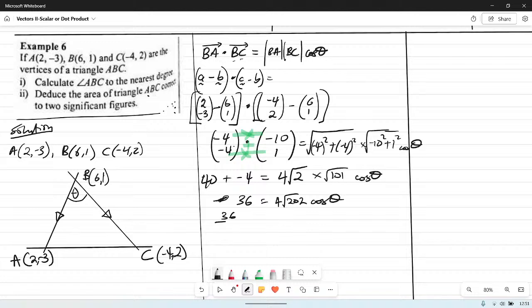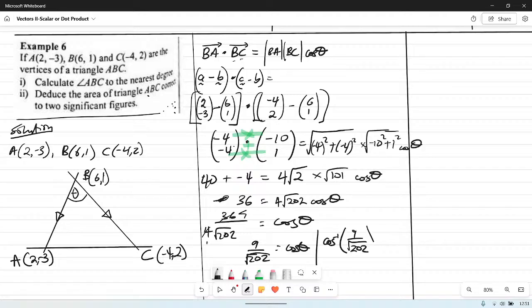So 36 over 4 root 202 cos theta. 4 over 1, 4 over 9. So 9 over root 202 cos theta becomes cos inverse of what? 9 over root 202.